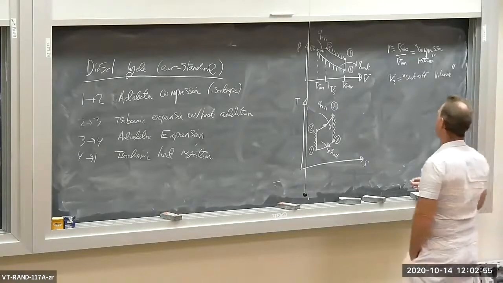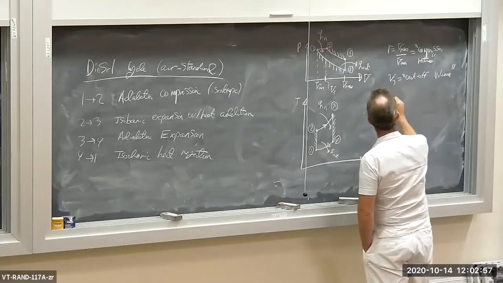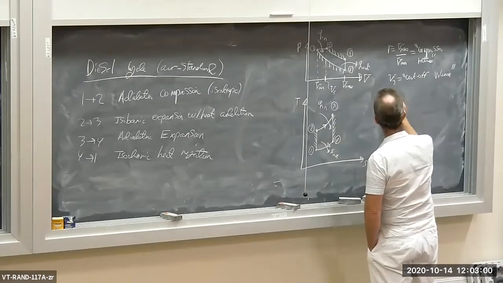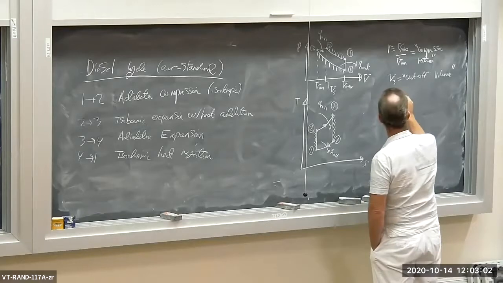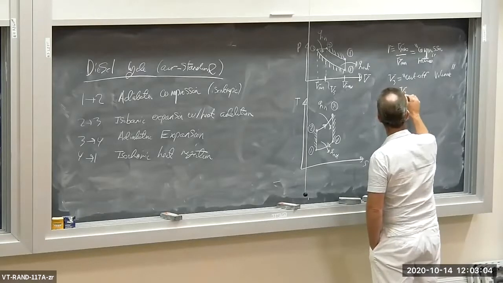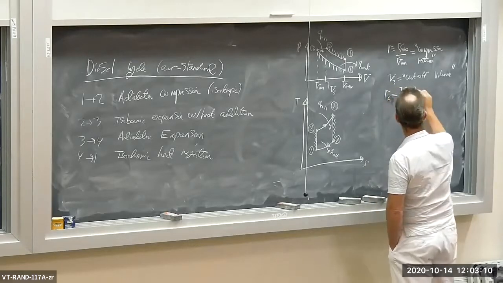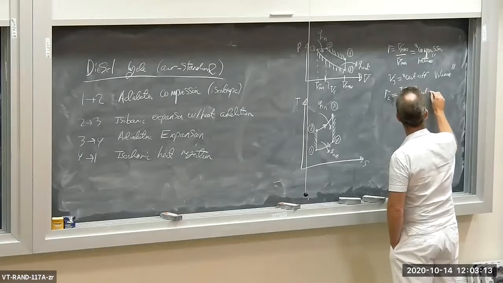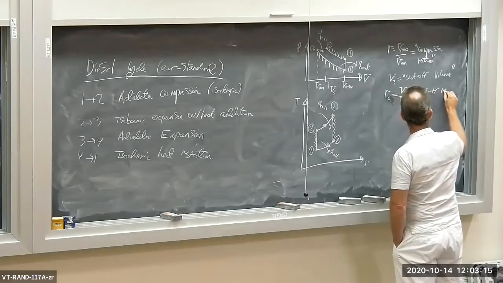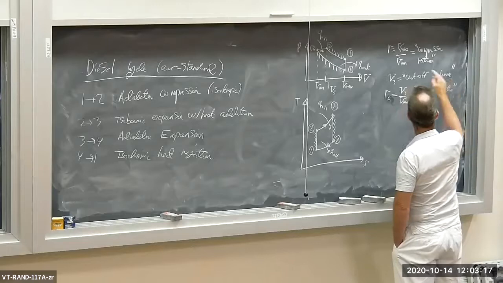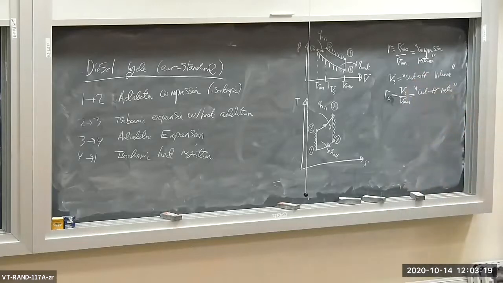And we have another ratio, RC, which is the cutoff ratio, and it's defined as the ratio V3 over Vmin, or if you like, V2. So this is called the cutoff ratio. So not only do we have the compression ratio, but we have the cutoff ratio as well that describes the diesel cycle.